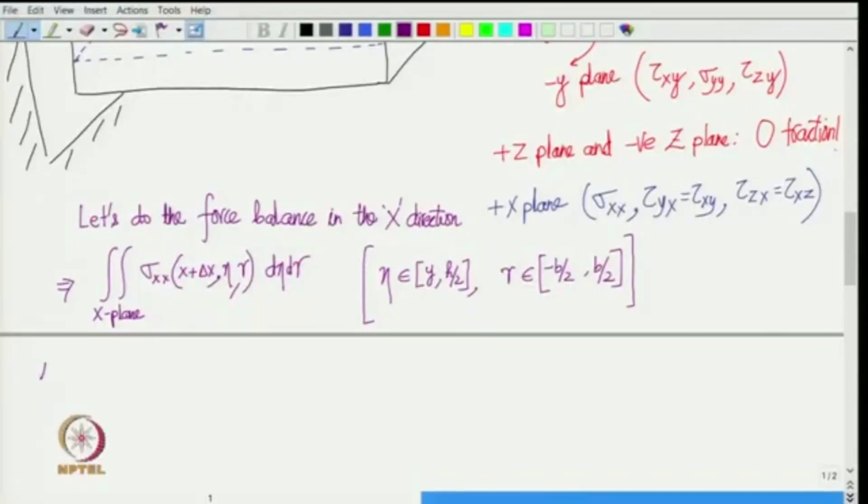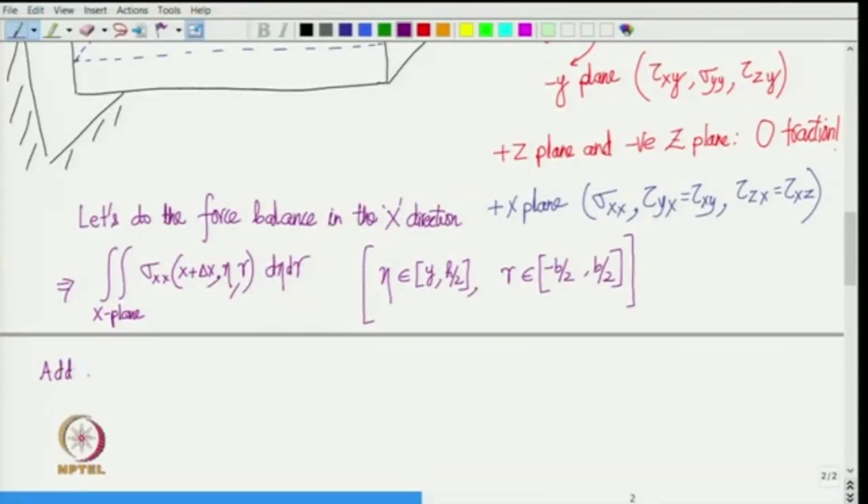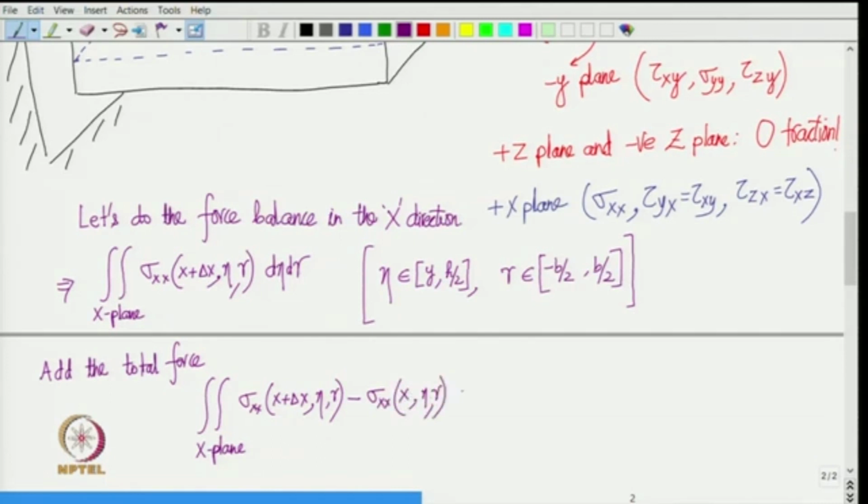So, when we add the total force, for the x and negative x plane, we will have sigma x x of x plus delta x comma eta comma gamma minus sigma x x, but at x only comma eta comma gamma into d eta d gamma.